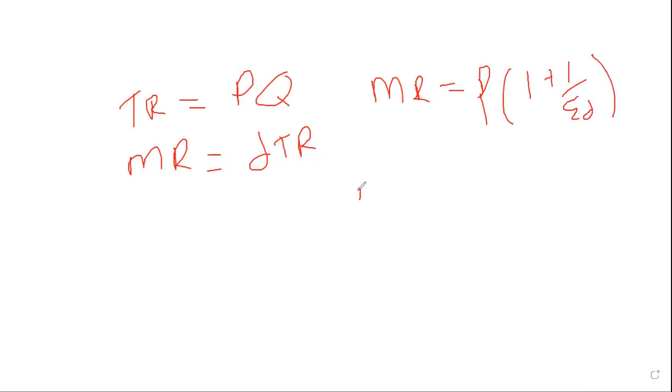So we know that MR is equal to dTR over dQ. So we know that TR is the same as what? Price times quantity.